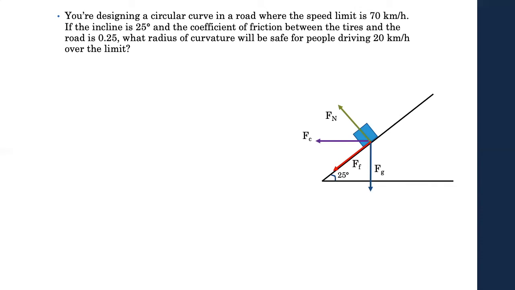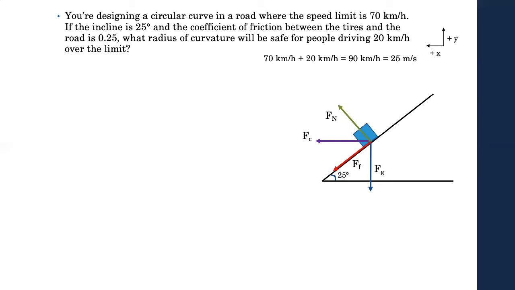Yeah, a very astute observation. So for this directionality, we're going to say x is to the left, y is positive upwards. Some unit analysis here: 70 kilometers an hour plus 20 kilometers an hour is 90 kilometers an hour, and that in meters per second is 25.